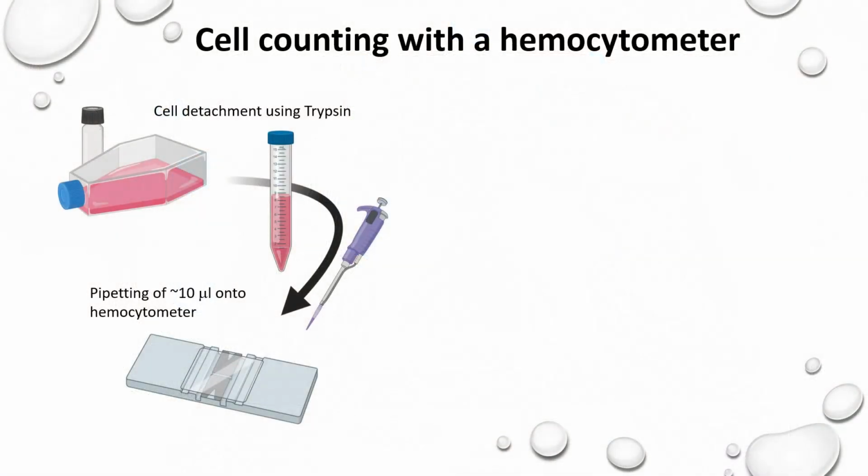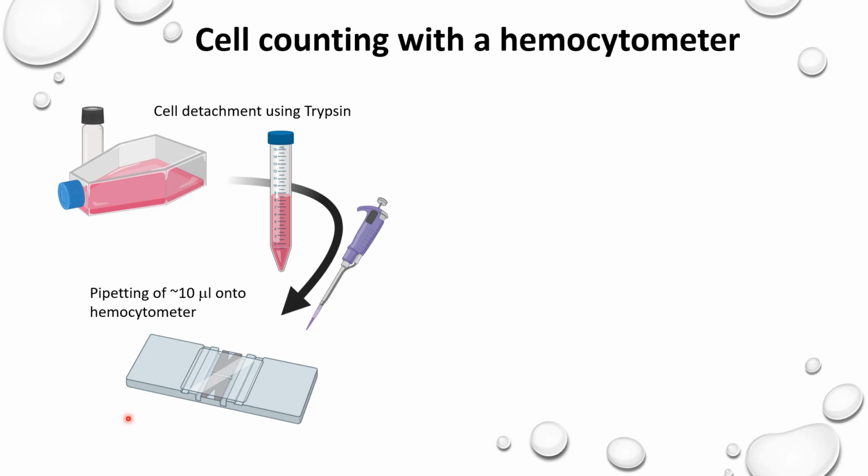So at this point we have trypsinized the cells and resuspended them in 10 ml in a tube. And we have taken 10 microliters of this cell suspension and pipetted that onto the hemocytometer slide, underneath the glass cover slip, which sits on top of the slide.